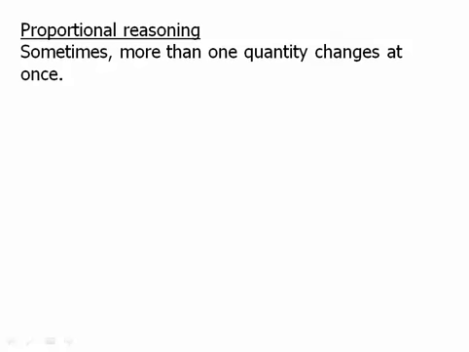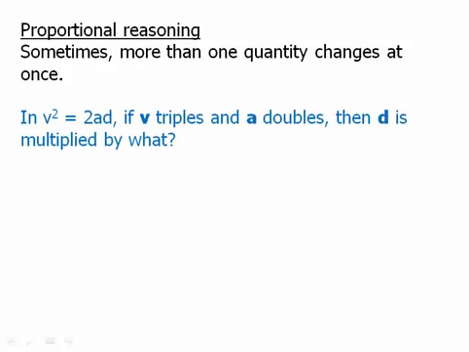Sometimes more than one quantity changes at once. In v squared equals 2ad, if v triples and a doubles, then d is multiplied by what? So pause the video, try to do this on your own, and then we'll talk about it. Okay, set everything equal to 1 for our start. Even the 2 is going to get set equal to 1.